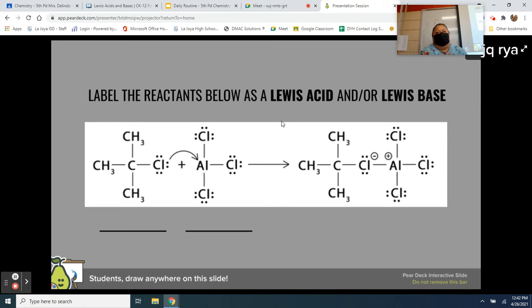LA for Lewis acid, LB for Lewis base. What do you think about this one? Which one is accepting the electrons? Which one is donating electrons? Write it down before we talk about it.